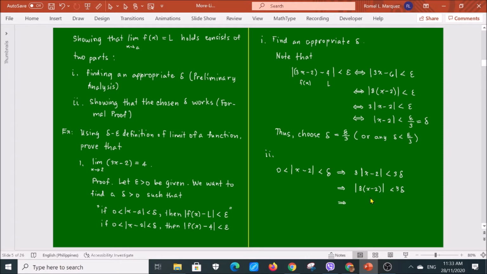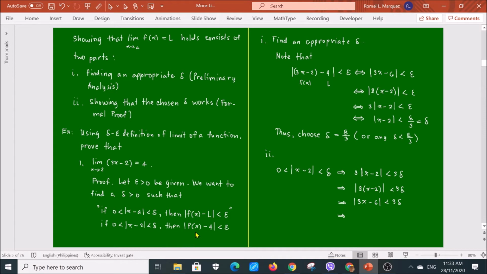This implies that I can multiply this inside, which is 3x minus 6. Okay? And that is less than 3 delta. And I can write this in the form of f of x minus 4.